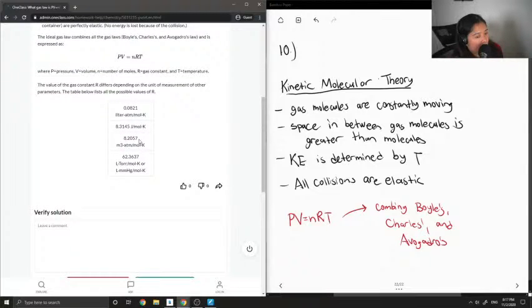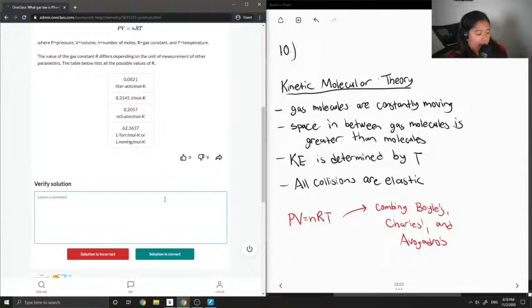The last two aren't commonly used: 8.2057, with units of meters cubed times atm over mole K, and 62.3637, with units of liters times torr over mole K, or liters times millimeters of mercury over mole K. I have rarely used the last two R constants, but it's helpful to know them and to know when to use which gas constant. So this solution is correct.